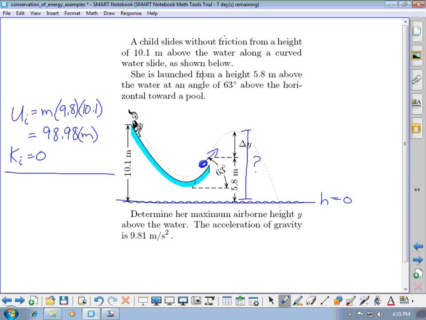Neither one of them will be 0. Her potential energy at the end of the water slide is going to be her mass times 9.8 times the height there, which is 5.8 meters. So this gives a potential energy at the end of the water slide of 56.84 times her mass.